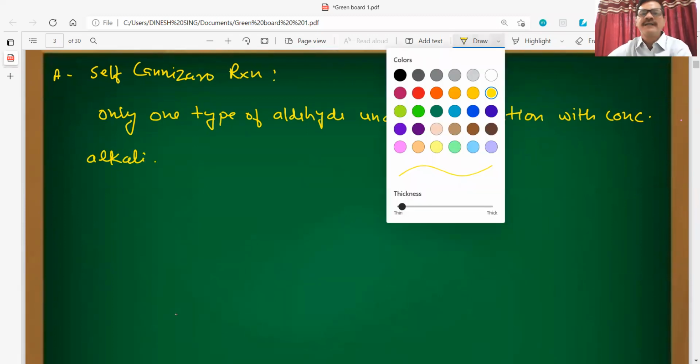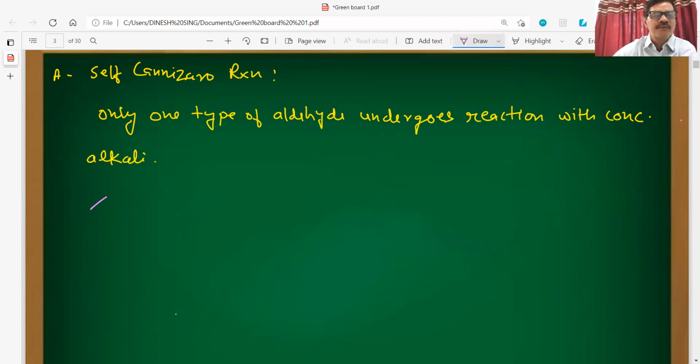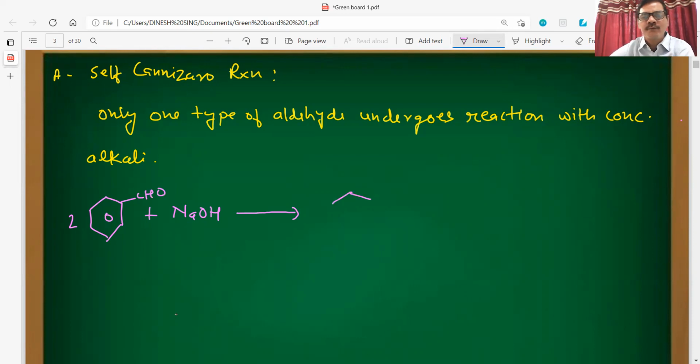One more example we can take. For example, we are having benzaldehyde, 2 moles of this with concentrated NaOH. So 1 molecule will convert into acid, sodium benzoate, plus the other molecule will convert into alcohol.